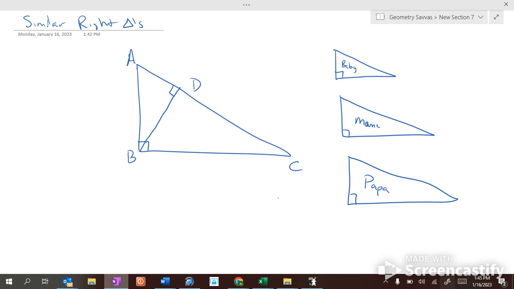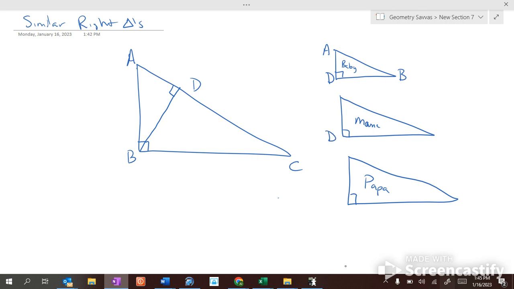Now, in baby, which letter is the right angle in this picture? D is. What's the short side? D to A. And the other letter for baby? B. Mama, where's the right angle?